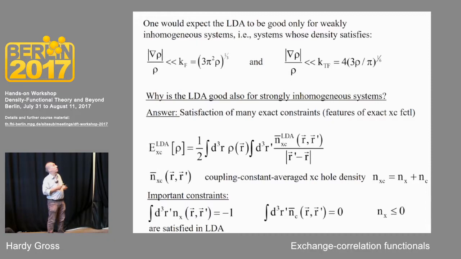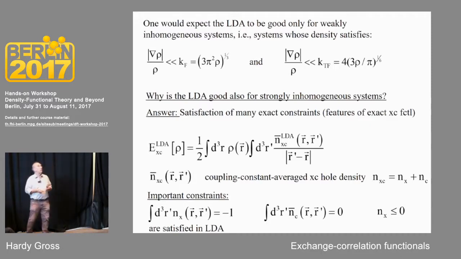Weakly inhomogeneous is defined by these two conditions: that grad rho over rho should be less than the Fermi wave vector and less than the inverse Thomas-Fermi screening length. But these conditions are usually not satisfied everywhere in an atom or a molecule.